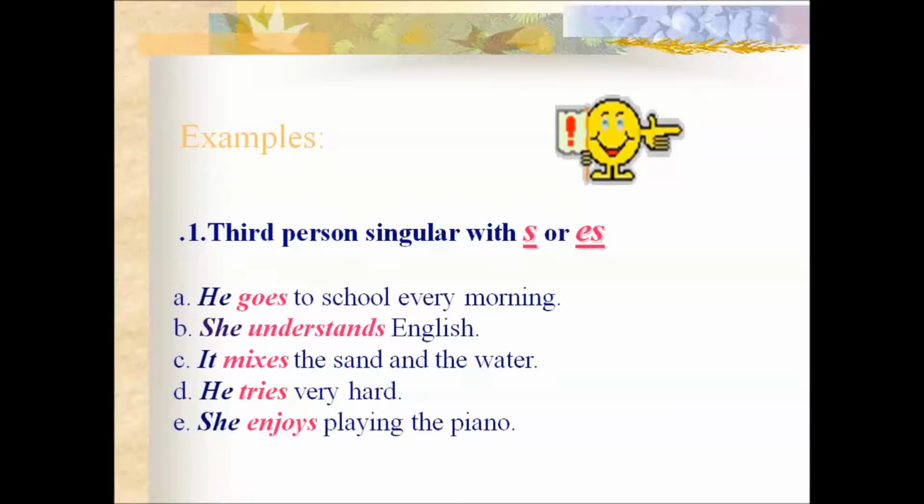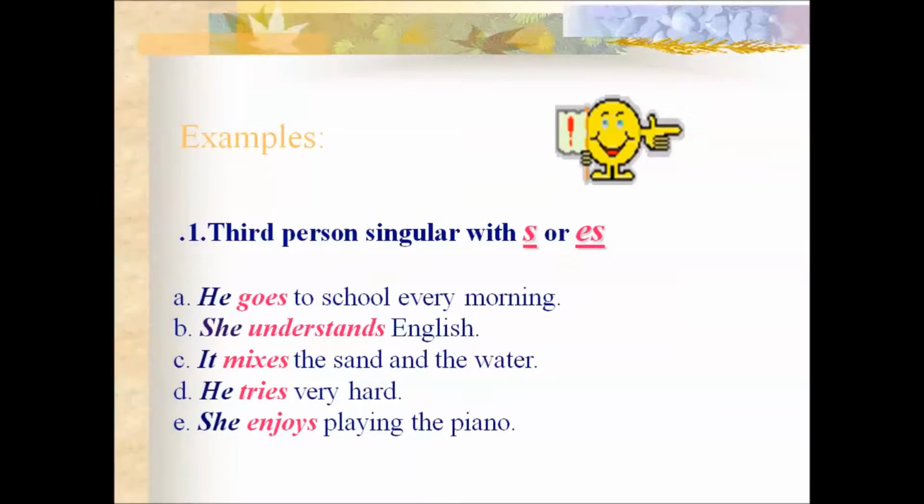Now I give you one more example of using the present simple to show a fact. To say that the earth is round. When I say the earth is round, it is a fact. The earth is round. Yes, so this is used with the present simple.